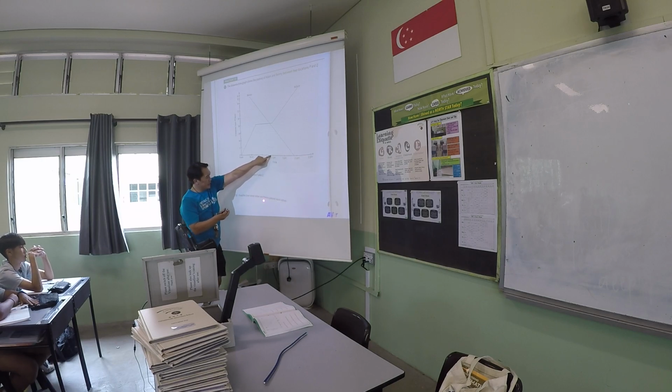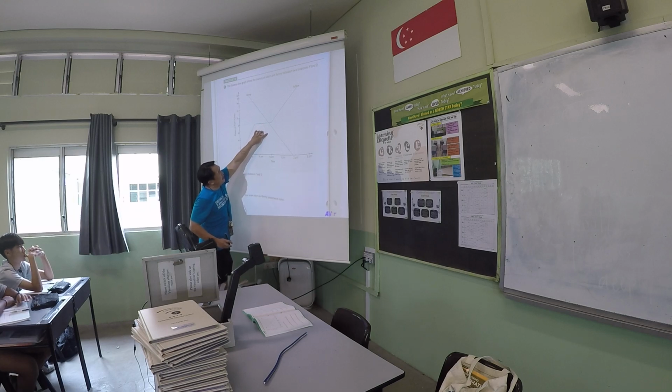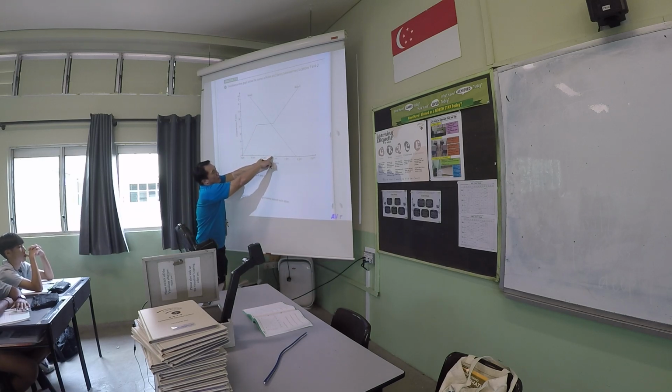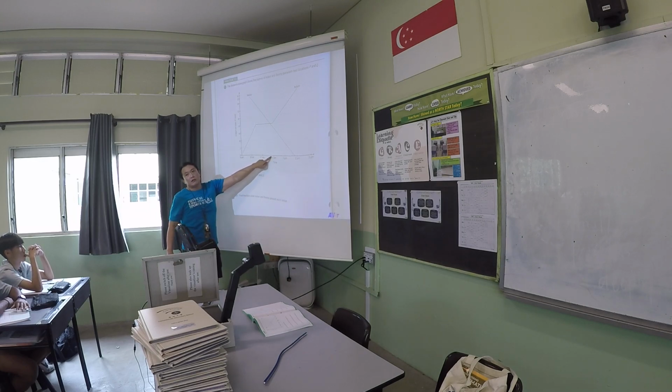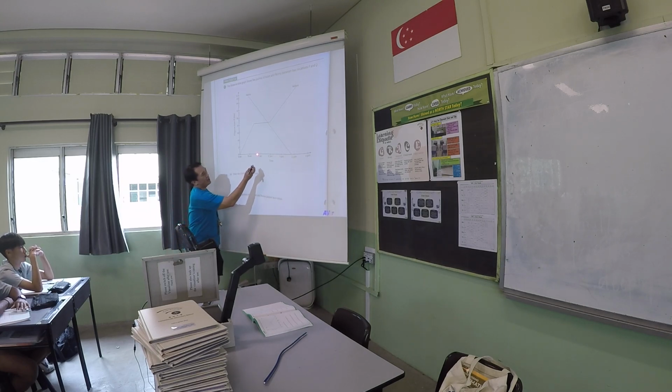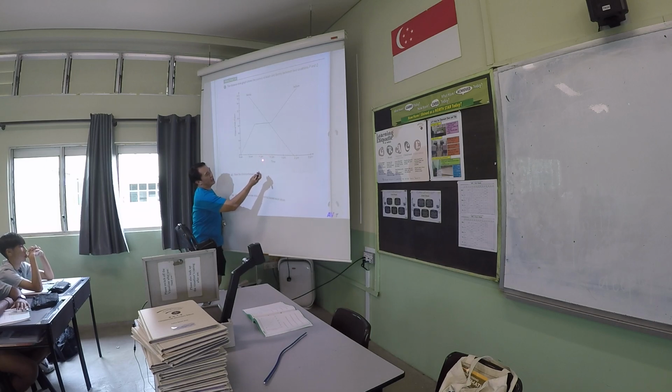So the question is asking you what time. You have to drop a vertical dotted line here, then read what is the time here. Okay? Then 10 small boxes is 1 hour. 1 hour is 60 minutes.